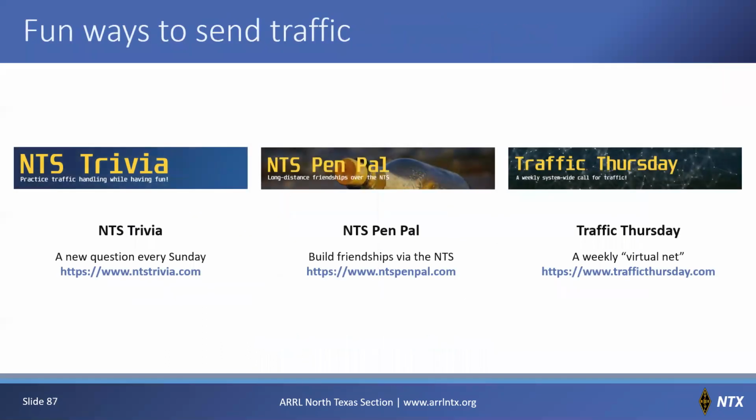A couple of other things you could look at for getting hooked into traffic handling, like, okay, you're doing this now, where can I send things? Send things to your friends and family, that type of thing. If you're looking for more, NTS Trivia is one thing that I do. I do a new question each week at Sunday, 0 hours, Coordinated Universal Time.